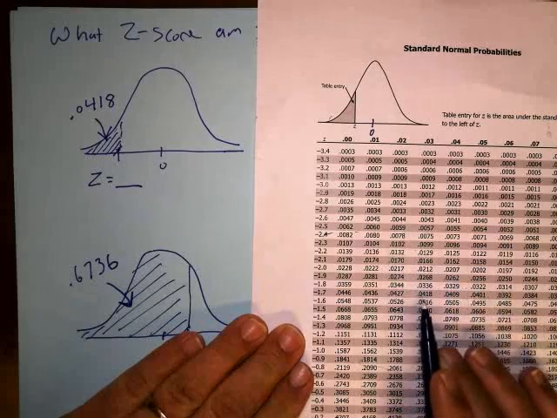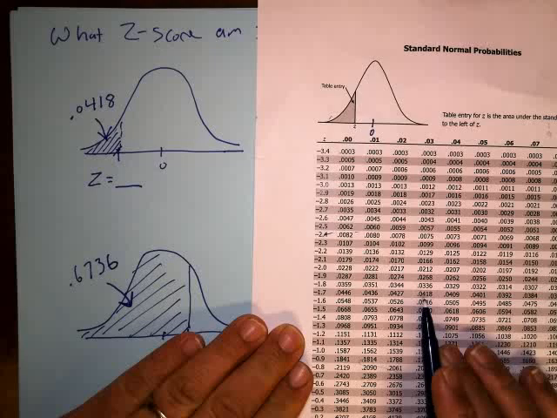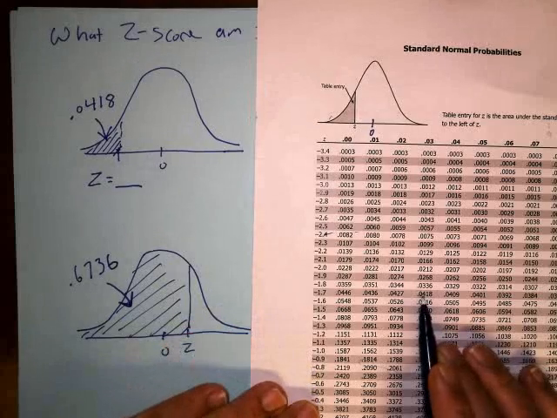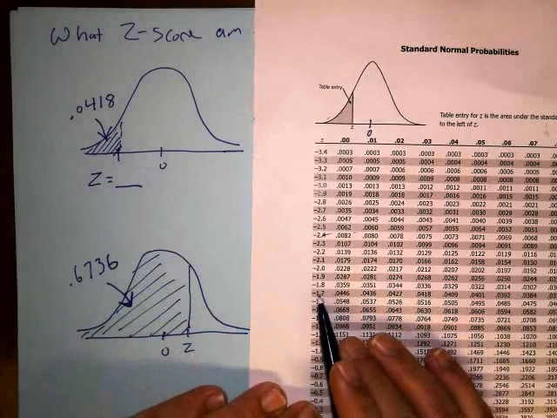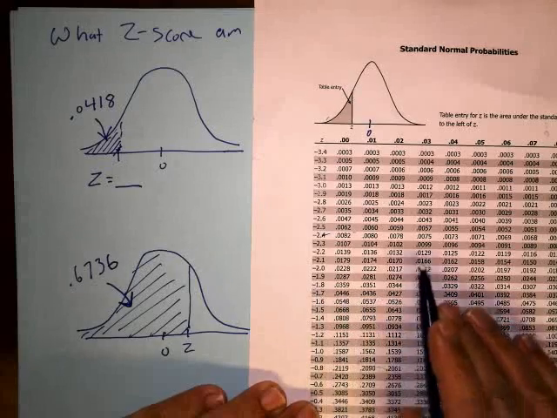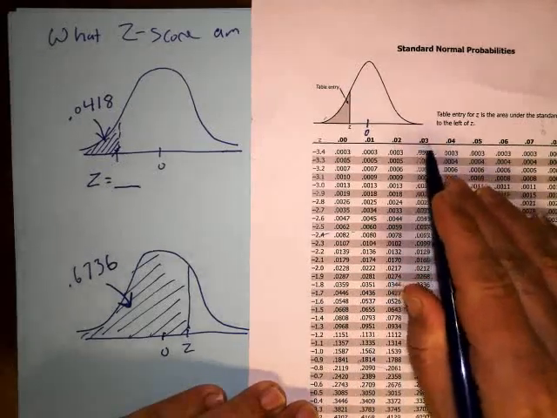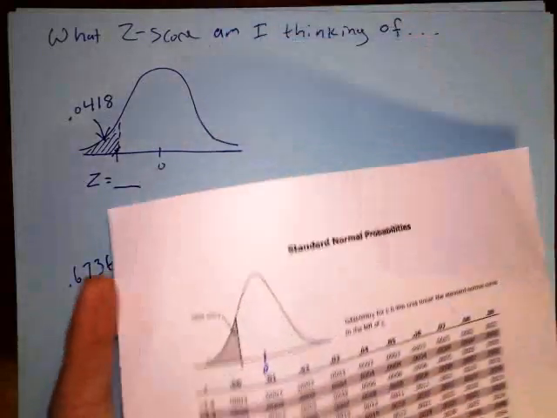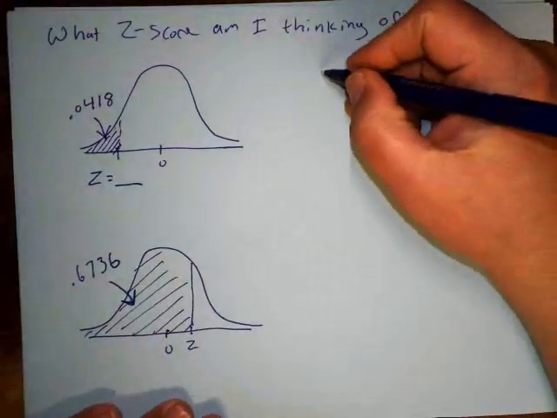And there it is. Then I look over here and see negative 1.7, and I look up here, 0.03. So it'd be negative 1.73.